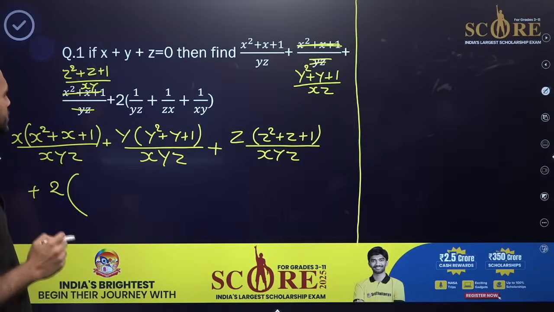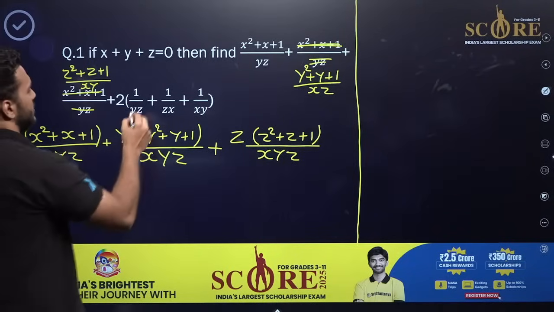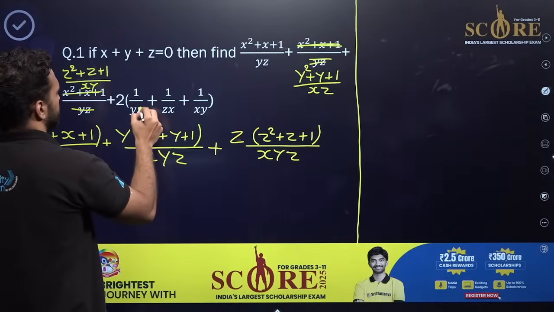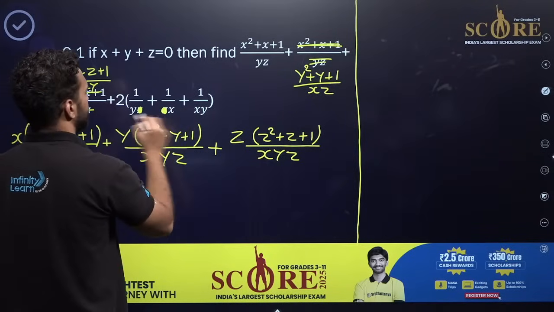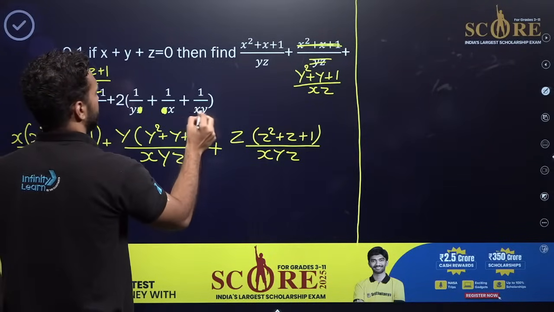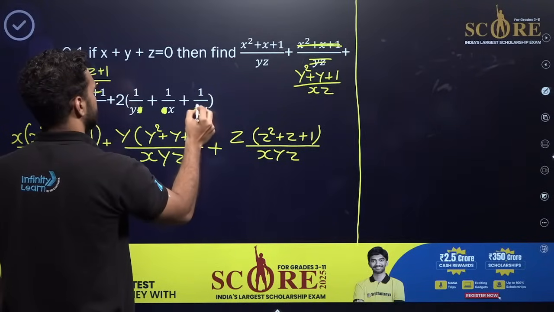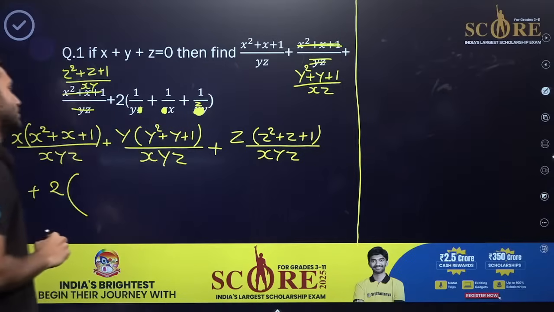And also this will be the problematic part. See, instead of this, we should have x, y, and z. This will be the last part.